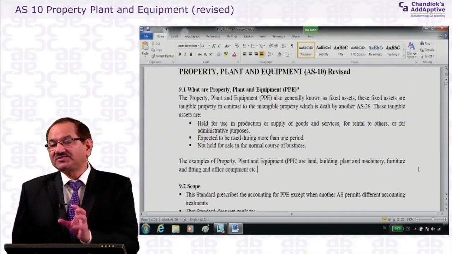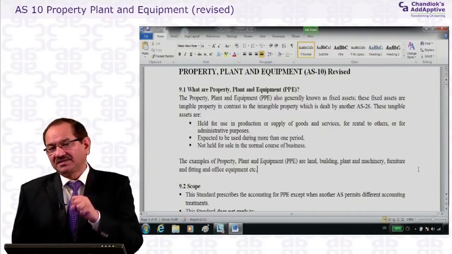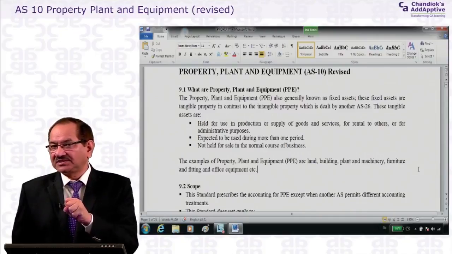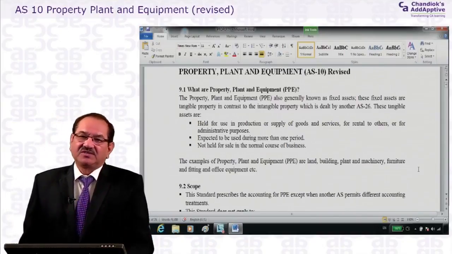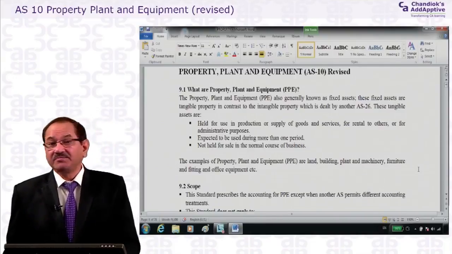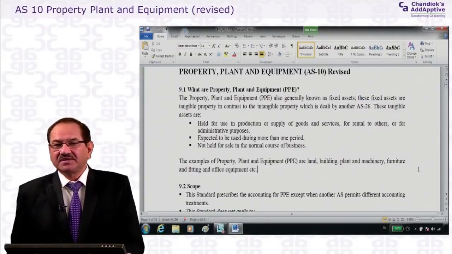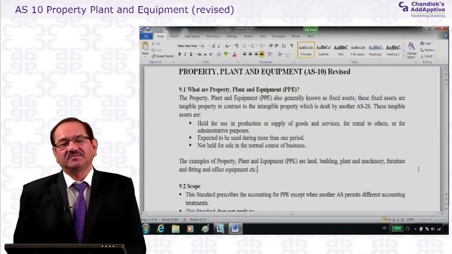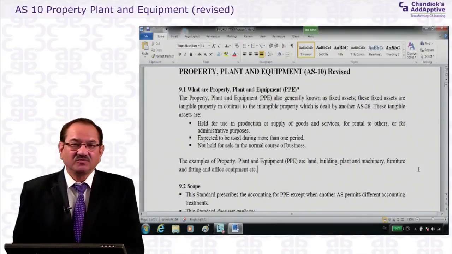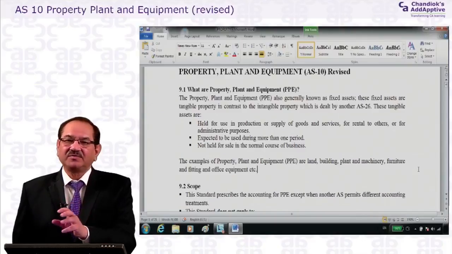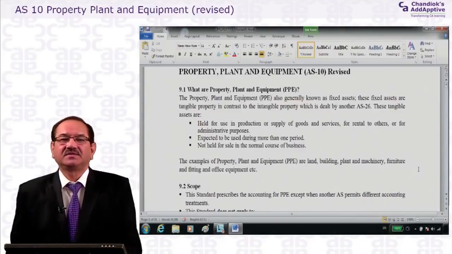So both the chapters are now combined in this Accounting Standard 10, property, plant and equipment. Dear student, the name may be different, but as I told you, the substance is the same. Whatever we were calling earlier the fixed assets, we are calling it by the name of property, plant and equipment.